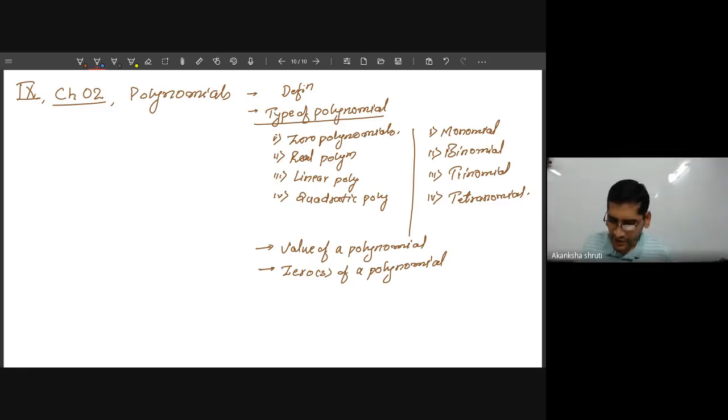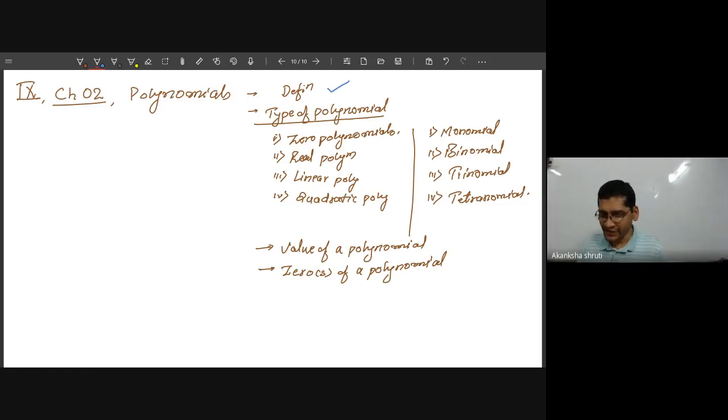So the definition of polynomials we have already learned in our previous two lectures. Today I am going to start with the type of polynomial. But for classifying the polynomial into various types, again definition is very important.